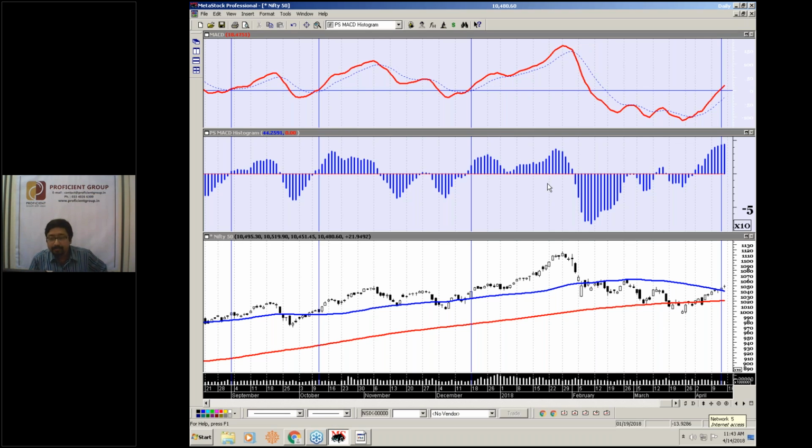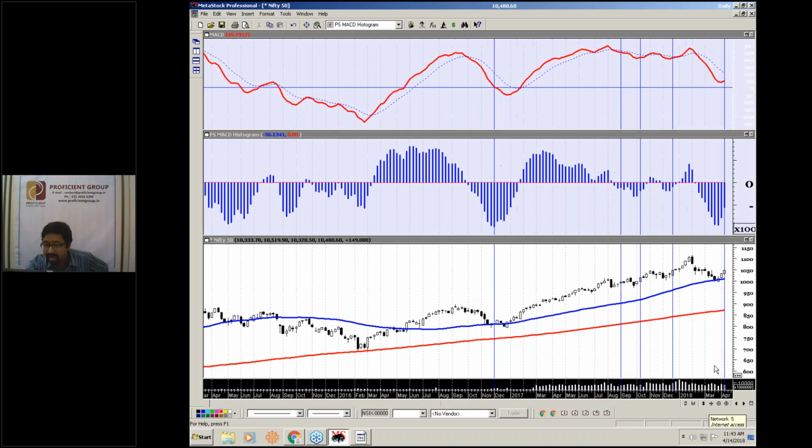And number two, there is a consideration of time frame. Right now you are seeing the MACD histogram on only the daily chart, but the MACD histogram gives its best signal not on the daily chart but on the weekly chart. Now, let me turn this picture into a weekly chart, and let me show you what is what.